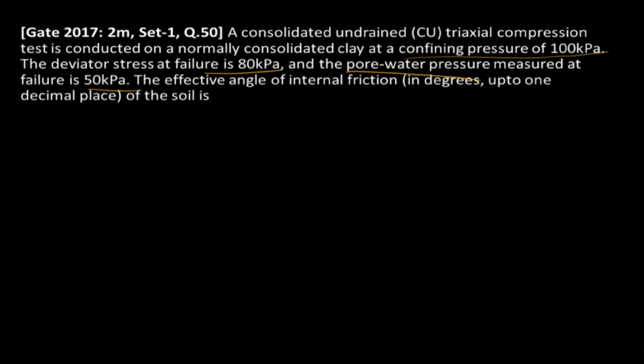They are asking us to find the effective angle of internal friction. So we'll write down the given conditions: confining pressure sigma 3 is 100 kilopascal, pore water pressure is 50 kilopascal, and deviator stress at failure sigma d is 80 kilopascal.